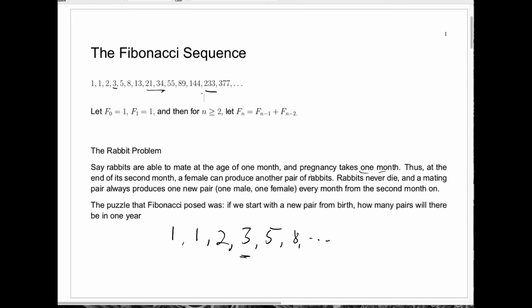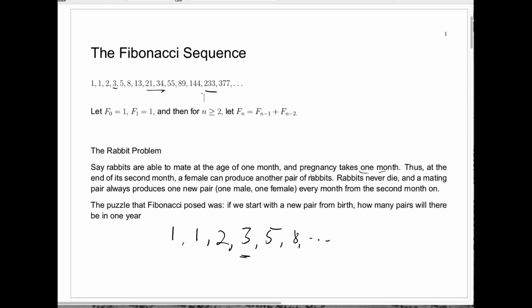Now let me say this problem was posed, and this Fibonacci sequence was first used by Fibonacci, who was actually known as Leonardo of Pisa, and this was a long time ago, sometime around the year 1200, when he wrote his masterwork, which was called Liber Abaci, one of the most important books ever written. At the time, as I said, Fibonacci was not known as Fibonacci.